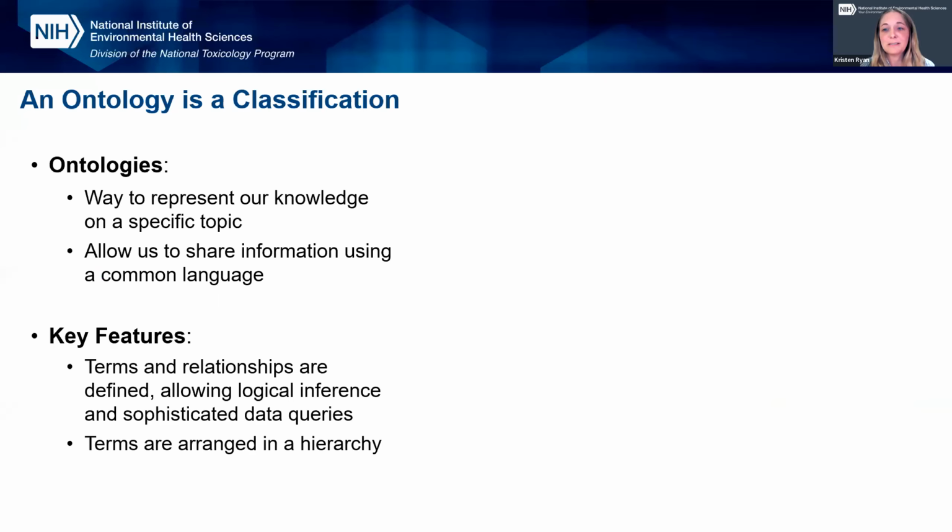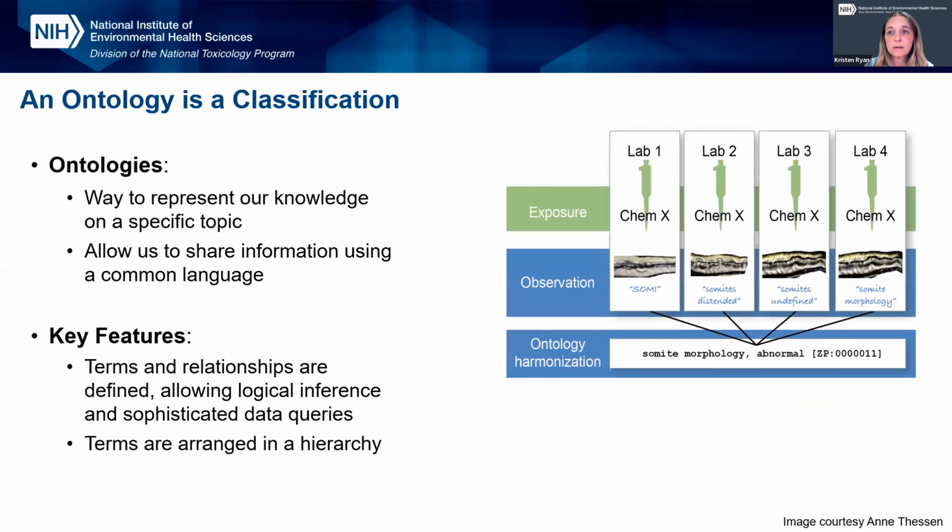And so we had the opportunity to learn a lot from Anne and Melissa. I, for one, wasn't even aware of the power of ontologies and how useful they are for sharing information using a common language or conducting queries for data comparisons. So in this simple example over here on the right, it's often the case that 4 different labs might use the same chemical, but unfortunately categorize observations with 4 different terms.